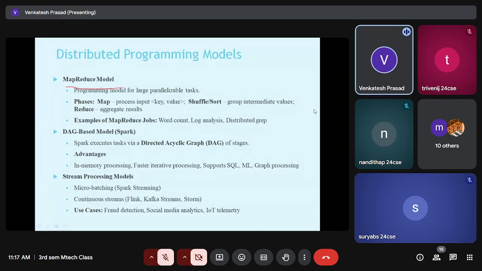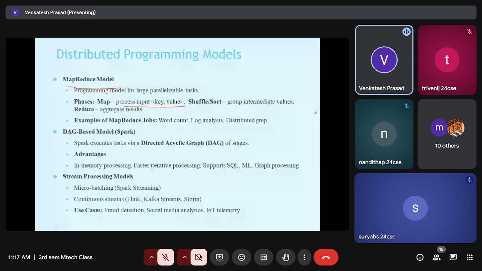So MapReduce, which we will see in the upcoming classes. Where a large task or data is broken down into parallel tasks, and they all are generating some intermediate results and steps.